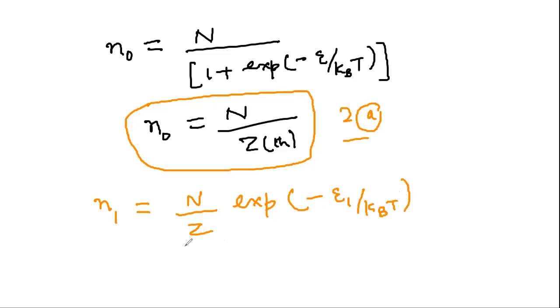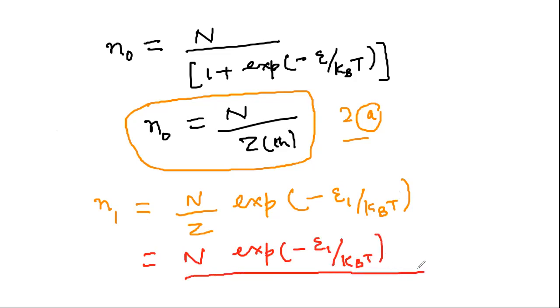Then I put the value for Z from equation first. So it will become N exponential of minus epsilon 1 by kT whole divided by Z.